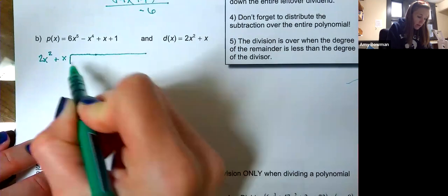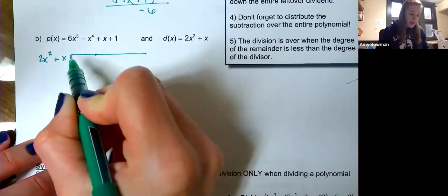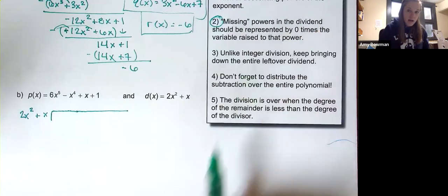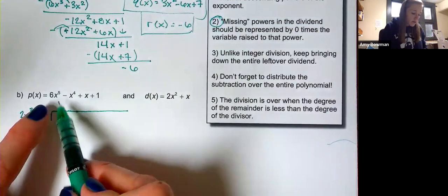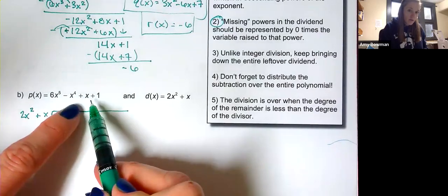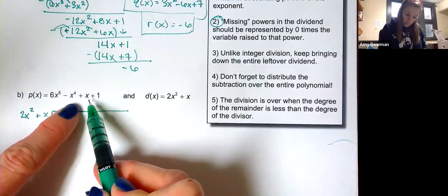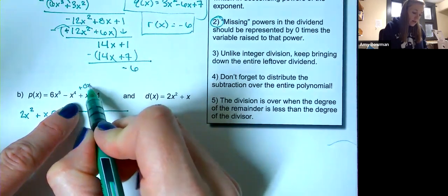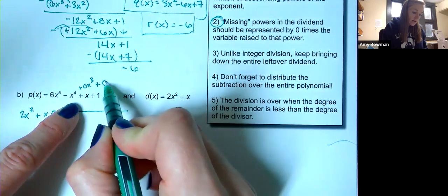Okay, so as we're writing this out, I want to go back up to this whole missing powers thing. If you're missing powers, so 6x to the 5th minus x to the 4th, and then it jumps to x. So I don't have an x cubed term, and I don't have an x squared term.